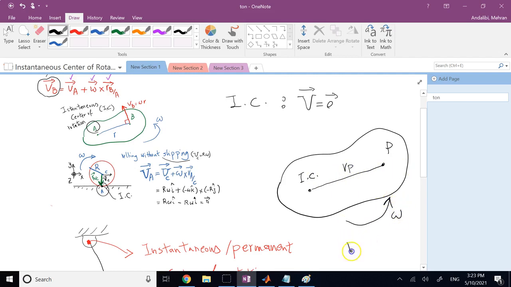And that means velocity of P is going to be equal to Rp times omega. The line of action of it is perpendicular to Rp. Direction of it is determined by omega. Okay, that's the whole idea of instantaneous center, to avoid dealing with the vectors and doing cross products.